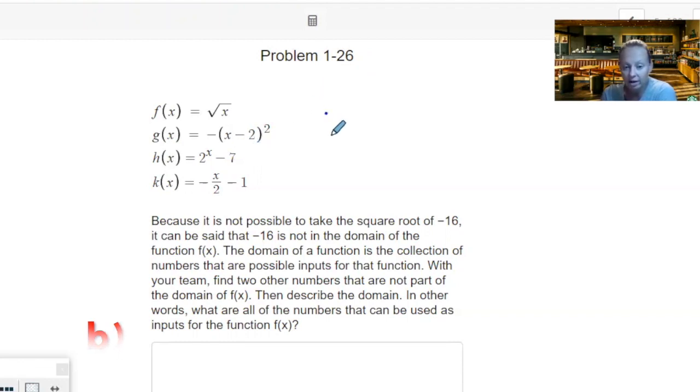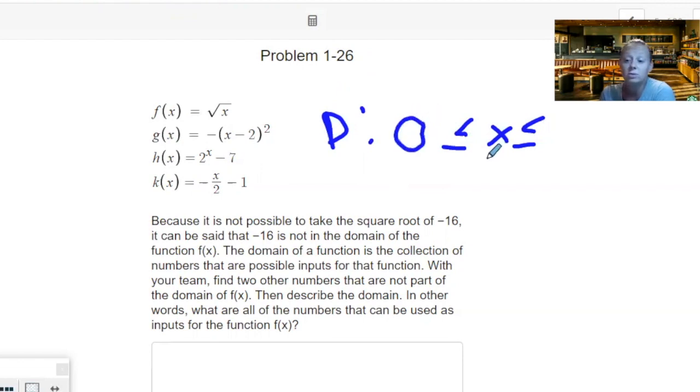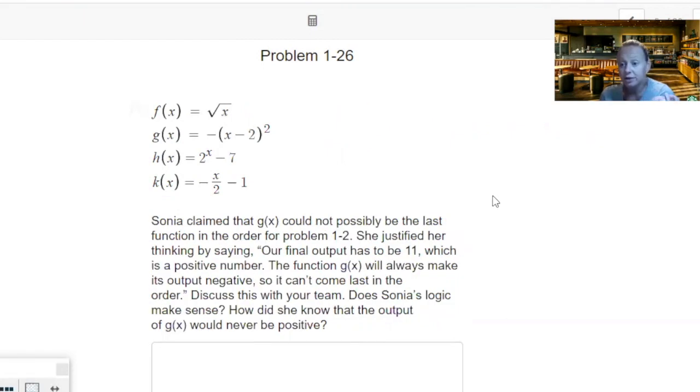So the domain of function f of x is x is greater than or equal to 0, because the smallest value is 0, because I can square root 0. The square root of 0 is 0. And then it goes to positive infinity because we have the ability to square root 0 and any positive value. We will get decimals and crazy answers, but it is possible to take the square root of any positive number and 0.